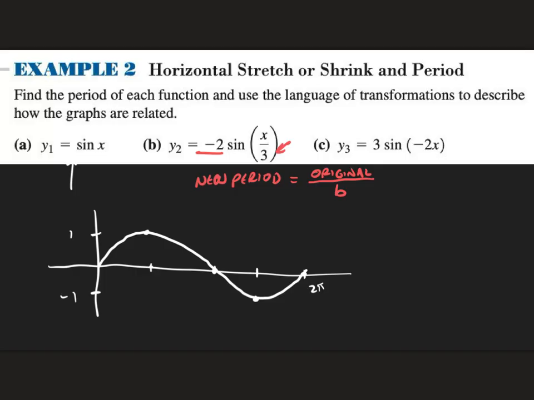And that's a B, not a 6. So we know that the original period of the sine function is 2 pi. Now we're going to divide that by 1/3. And why is it 1/3? Because 1/3 times x equals x over 3, if you understand your fractions.